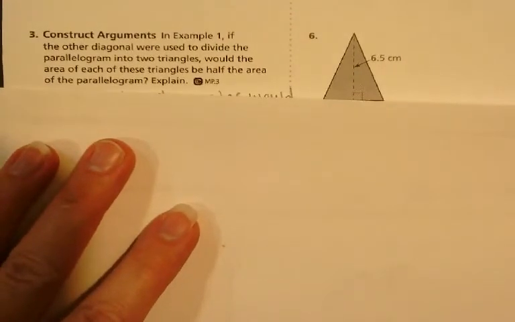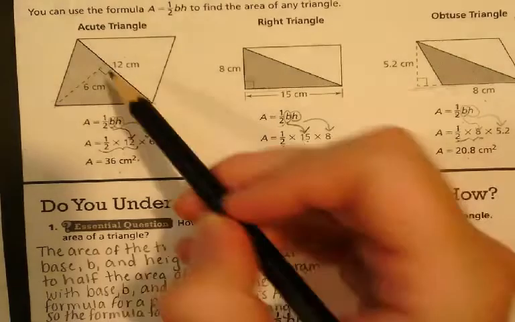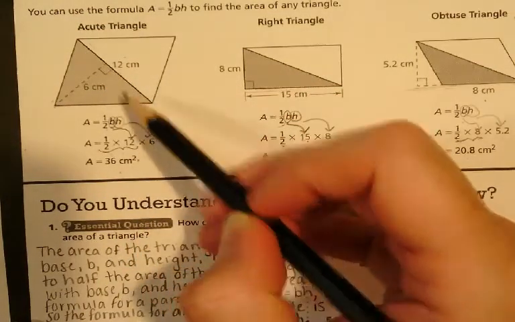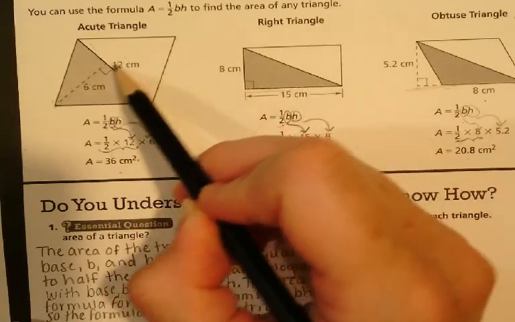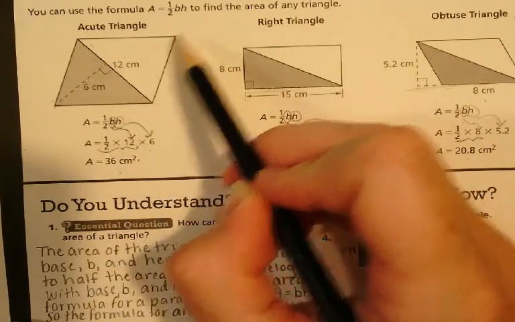Number 3, construct arguments. In example 1, at the top under the key concept, if the other diagonal were used to divide the parallelogram into 2 triangles, would the area of each of these triangles be half the area of the parallelogram? And explain. So all that is saying is, if instead of putting the diagonal here, if we put the diagonal here, across those opposite vertices.